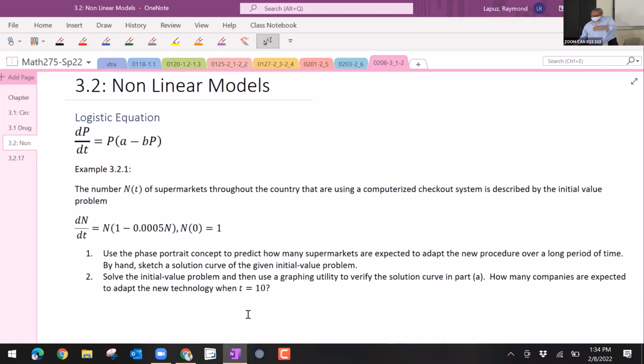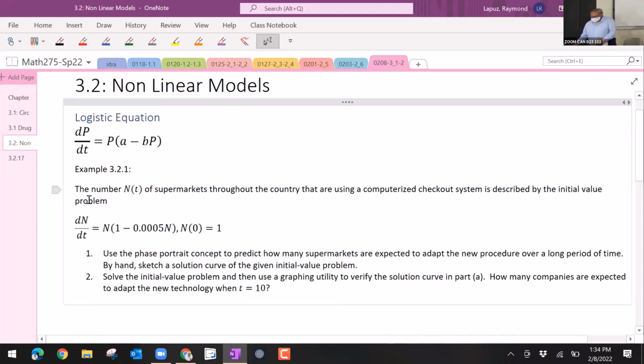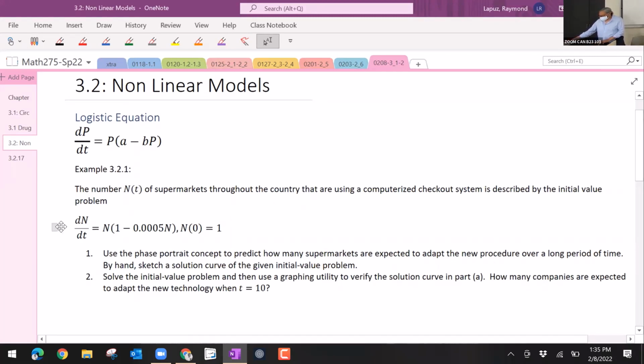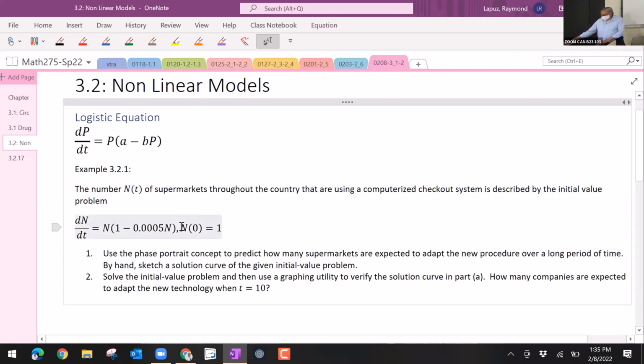So this is separable. All right, let's do this example using this logistic model. It says a number n of supermarkets throughout the country are using computerized checkout system described by an initial value problem here. dn/dt is equal to n times (1 minus 0.00005 times n), with an initial condition of n(0) equal to 1.